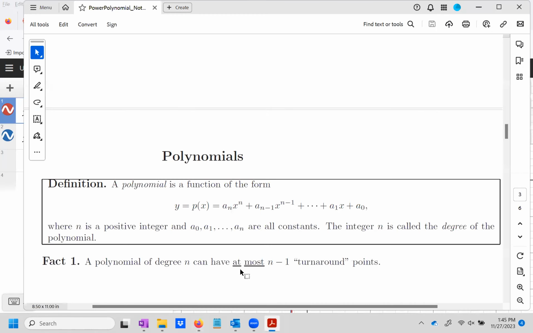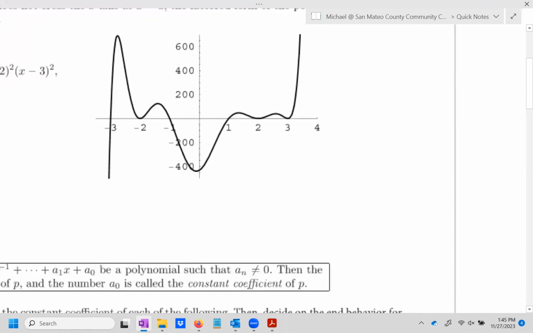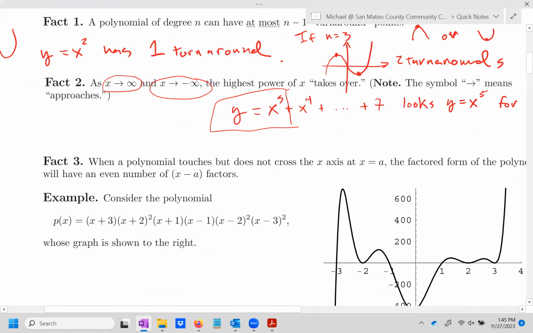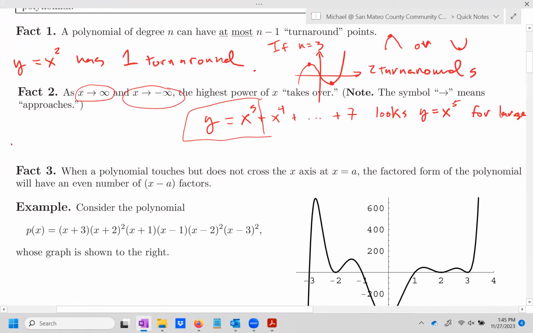That is what we're writing in here. Okay, so, and we'll get quickly to the examples below. This is known as the global or long run behavior. It is determined by the lead term.